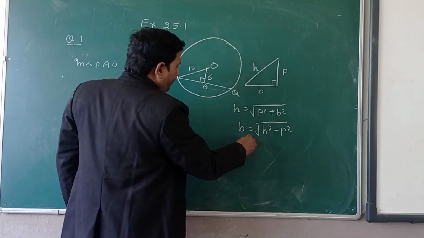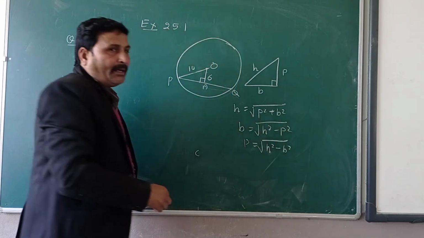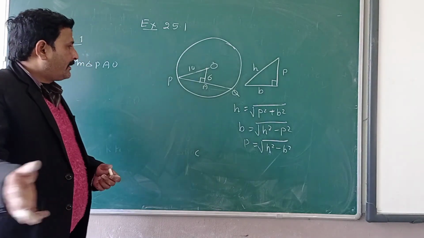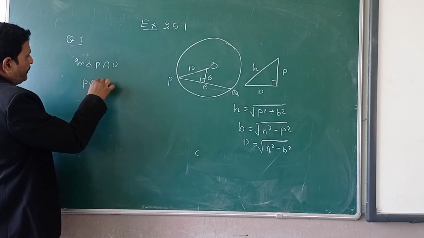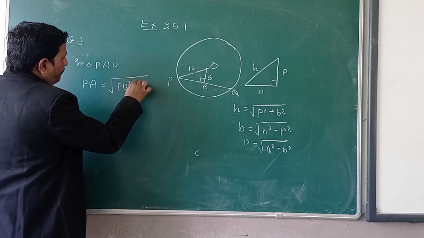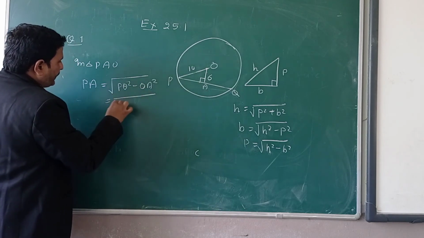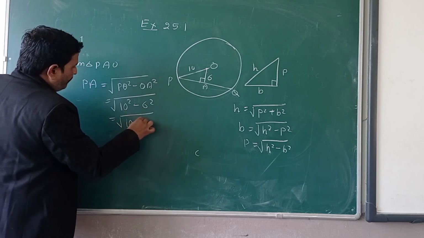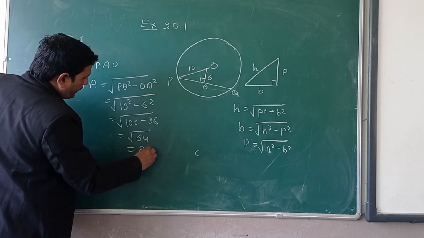Applying Pythagoras theorem, PA is equal to under root OP square minus OA square, which means 10 square minus 6 square, 100 minus 36 is equal to 64, which is 8 centimeter.